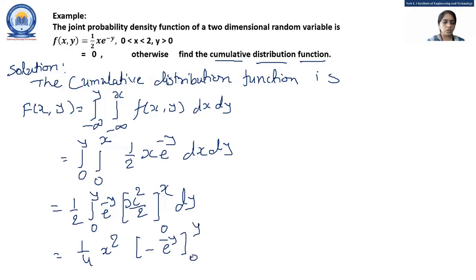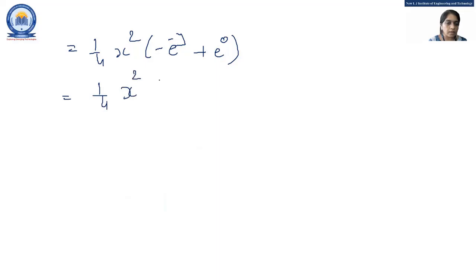So after substituting upper limit and lower limit, it is 1/4 x square minus e to the minus y plus e to the power 0. So here 1/4 x square minus e to the power minus y plus 1.